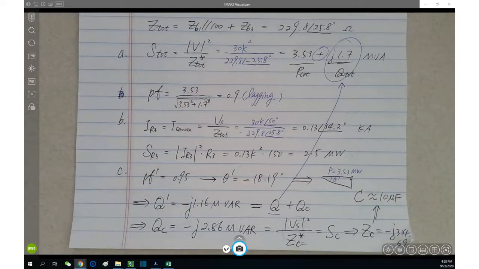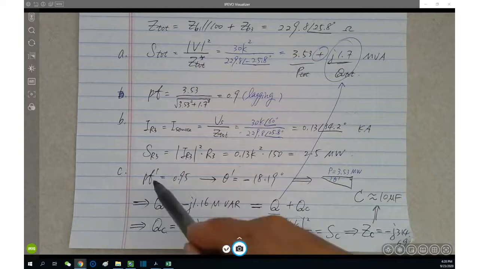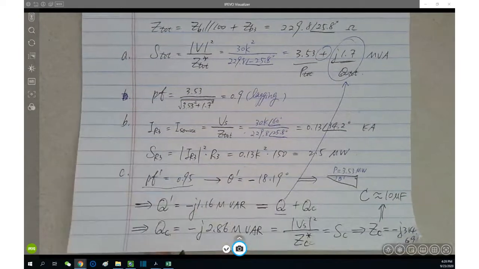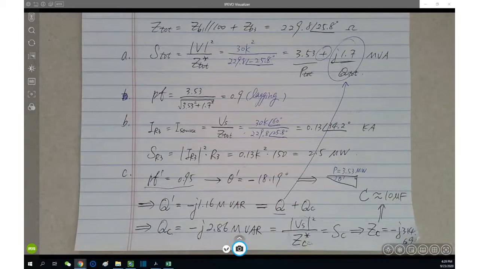Take a look to see any questions. Yep, you add about 10 microfarad right across the source, and you end up with this required leading power factor. So, any questions regarding this?